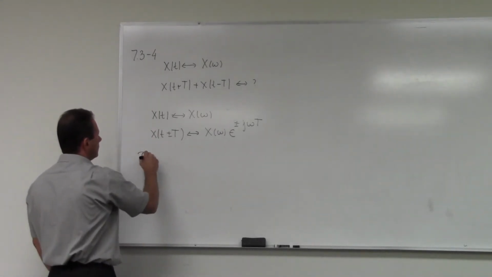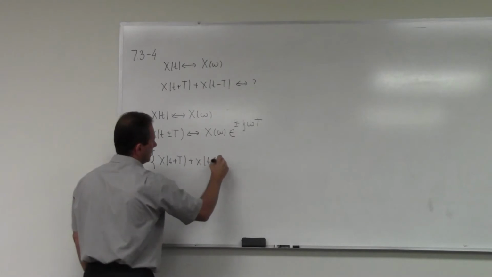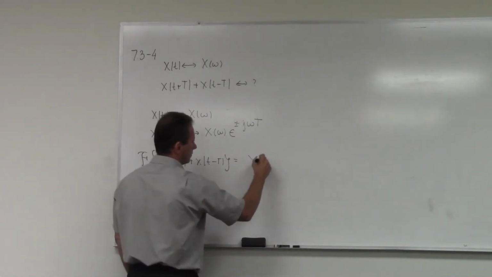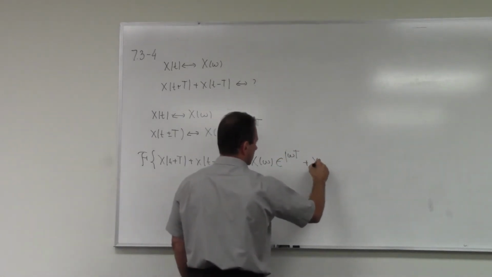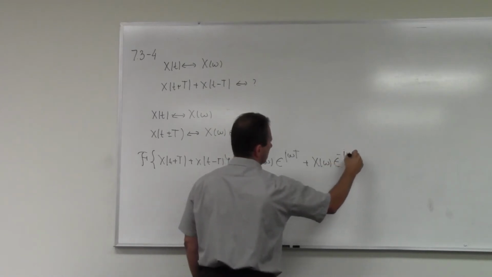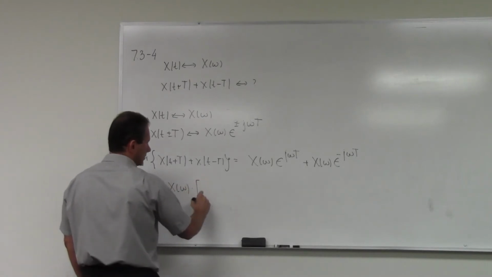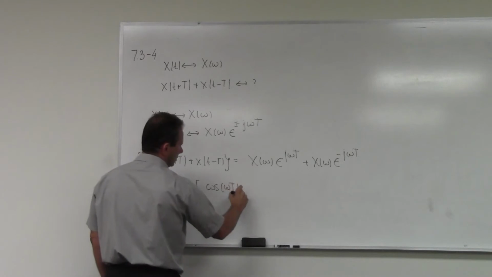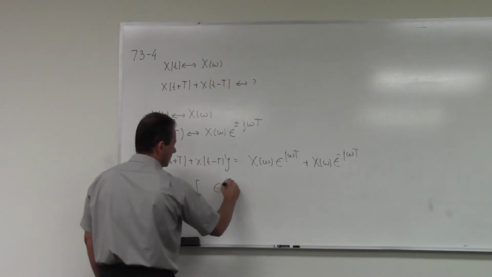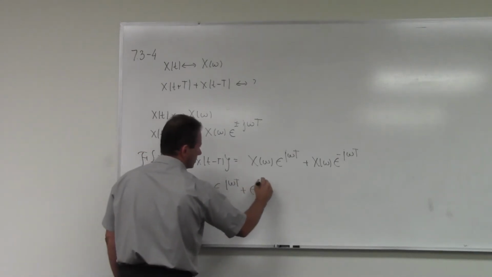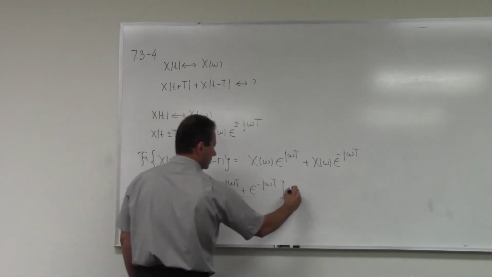So if I now apply the Fourier transform to x of t plus capital T plus x of t minus capital T, this is x of omega e to the j omega capital T plus x of omega e to the minus j omega capital T. If I pull x of omega out as a common factor, it's e to the j omega T plus e to the minus j omega T, and then I'm going to divide by 2 and multiply everything by 2.